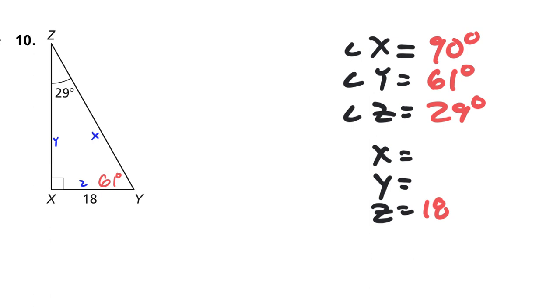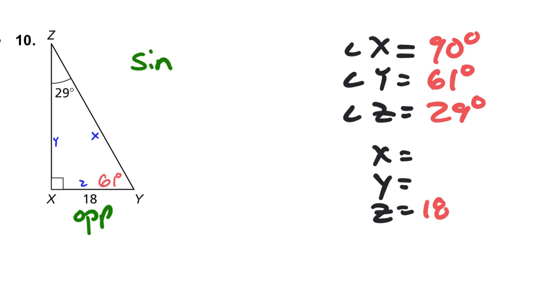When you don't know two sides of a triangle, we have to use trig functions. Let's focus on the angle that we know. We know 29. So 18 is my opposite here. So I'm going to use an opposite. Let's use maybe sine.